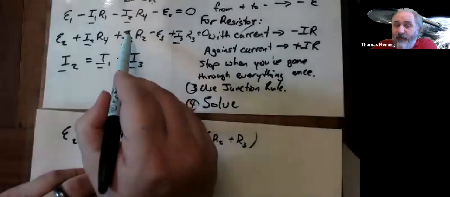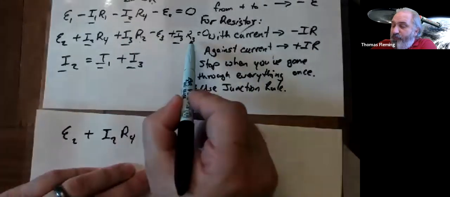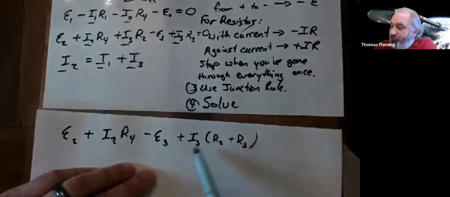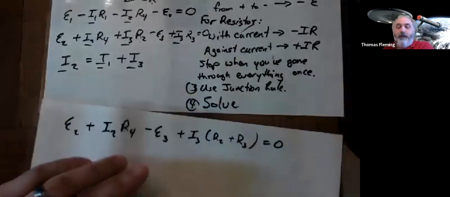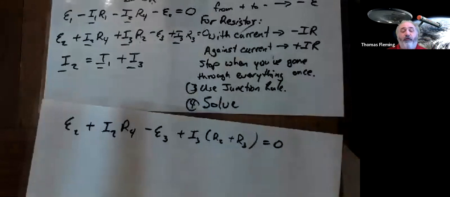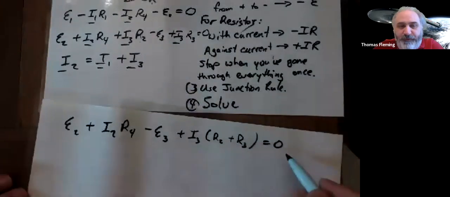I'm just taking this term and this term, factoring out the I3s to get them together. So far, so good? Yes. All right. Now, this is just equation 2 rewritten.